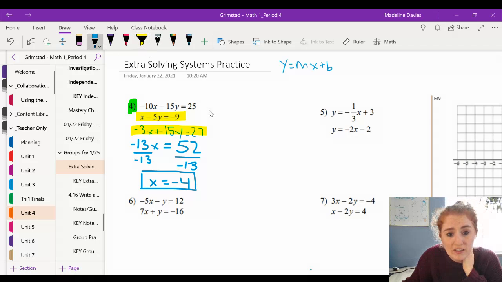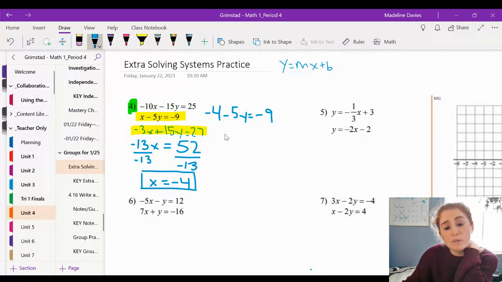So now instead of x, I'm putting negative 4 there, minus 5y equals negative 9. And then I solve. So add 4 on both sides. I have negative 5y equals negative 5. Divide by negative 5 on both sides, and you get y equals 1.